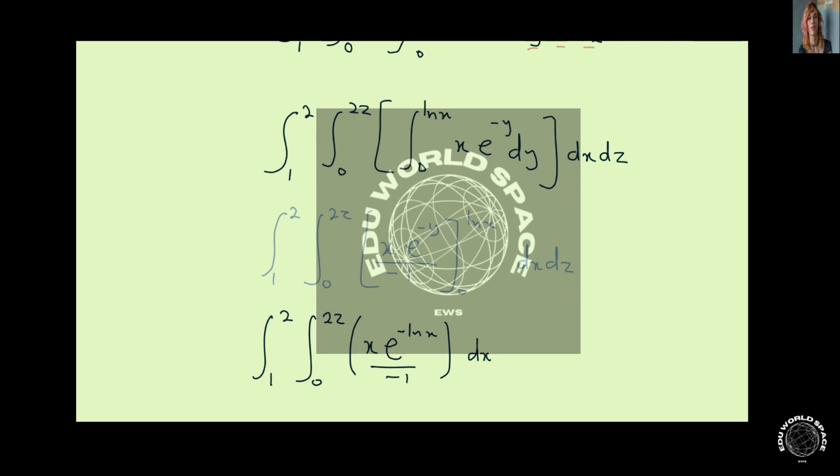Actually, we also have to put the 0 in there, so this is minus x e to the power negative 0 over negative 1. And this is dx dz.